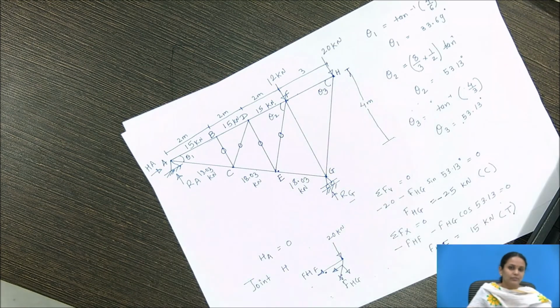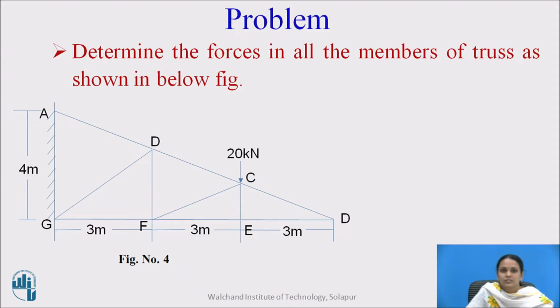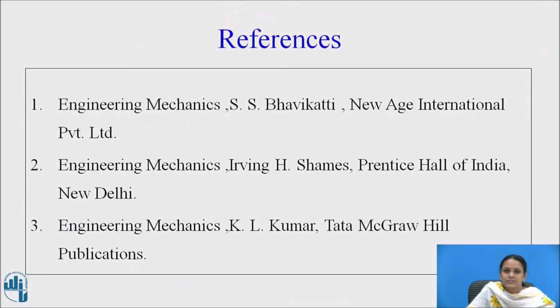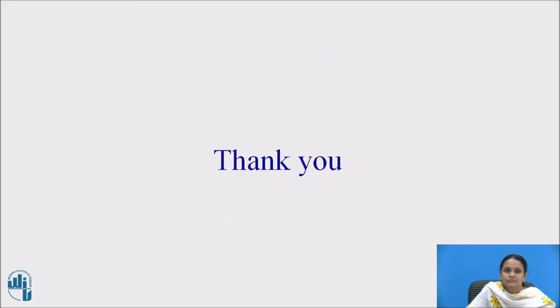So likewise we have to find out the zero force members from the entire truss. Now find out the forces in all the members of this particular truss. These are the answers. These are the references considered for the study. Thank you.